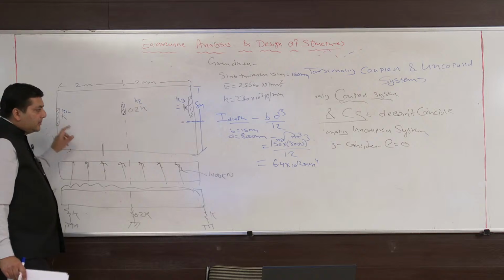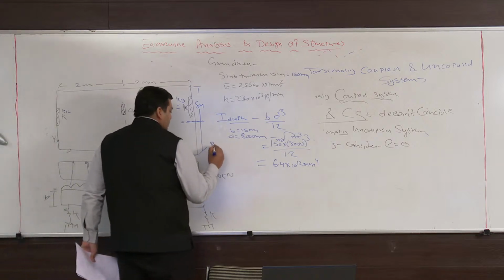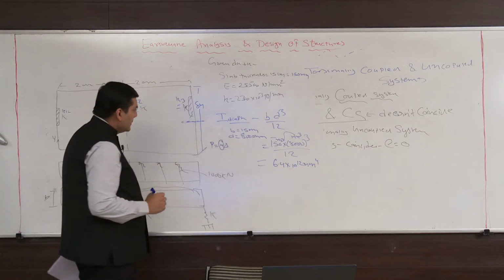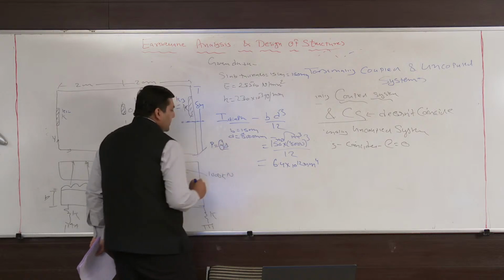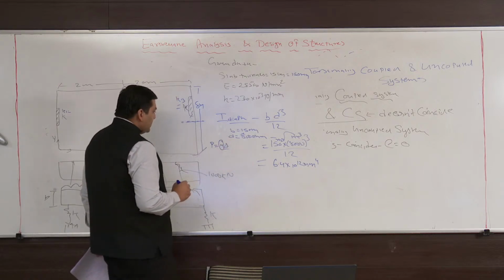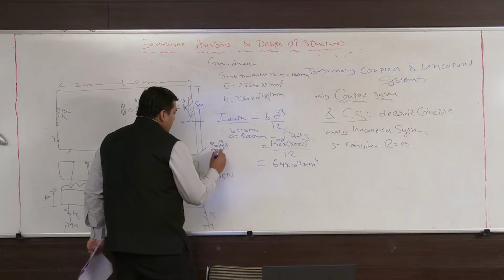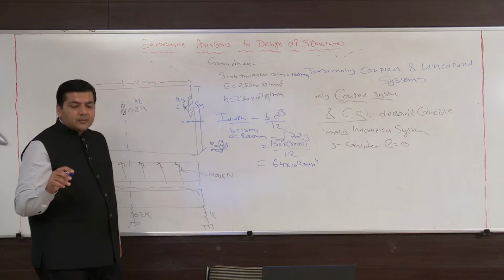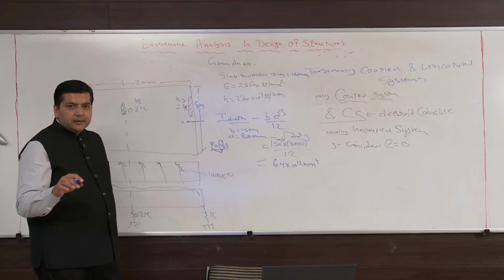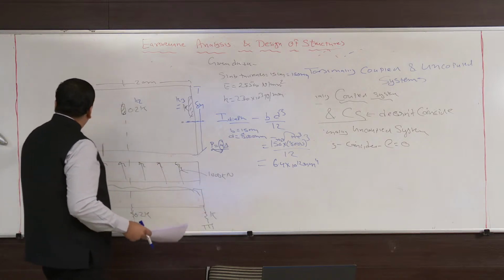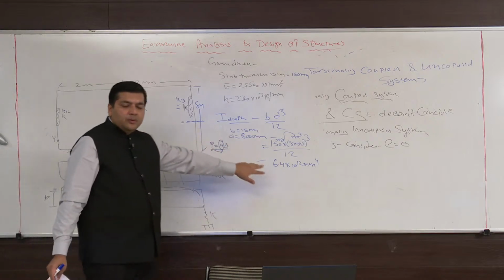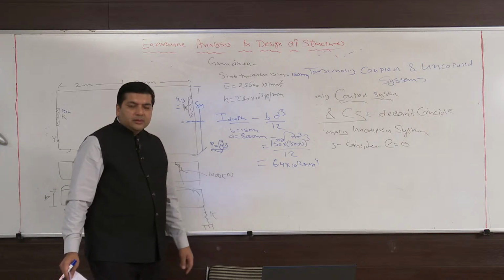Contribution P is equal to K delta. If it is unit delta, then the force will be distributed with respect to the stiffness. So K1 upon K1 plus K2 plus K3 into force, right?